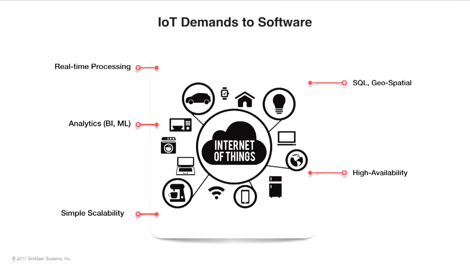And finally, the next demand that is being driven by IoT software is simple scalability. So we know that it's possible to scale up different architectures. Like you can take a relational database and upgrade it to the next generation hardware if you need more CPU units or more memory space. But there is no way to go for you if you expect to get more and more data pushed to your architecture all the time.